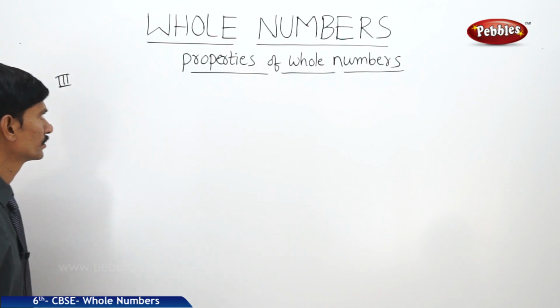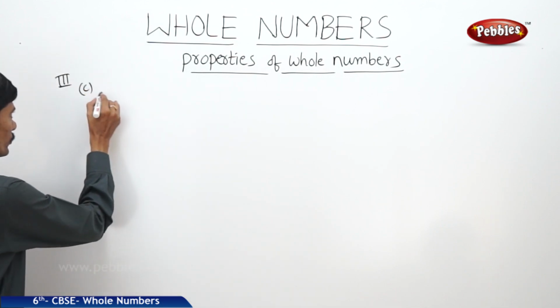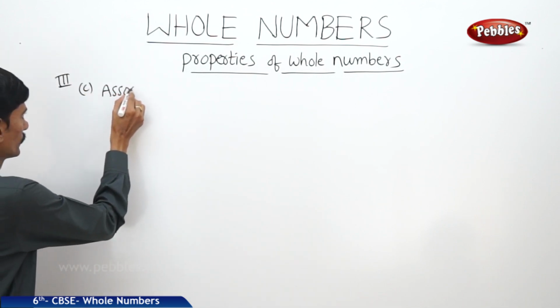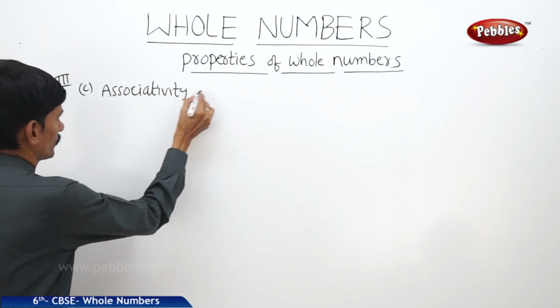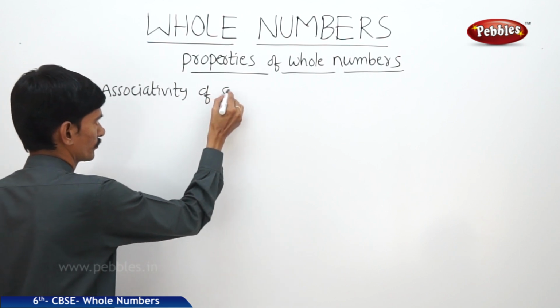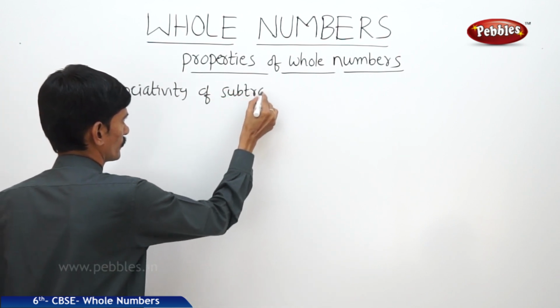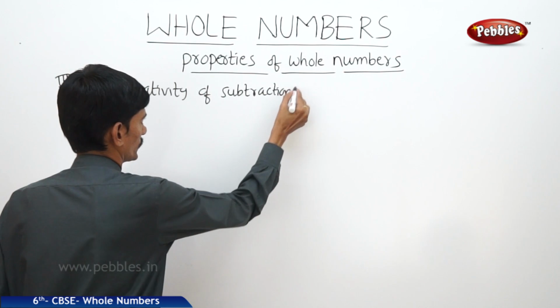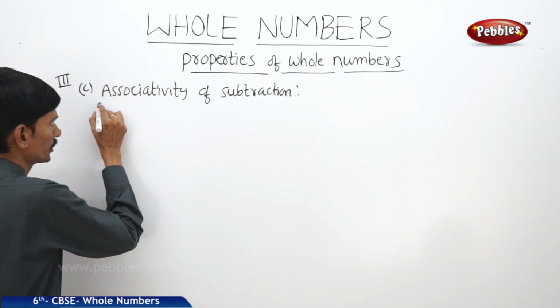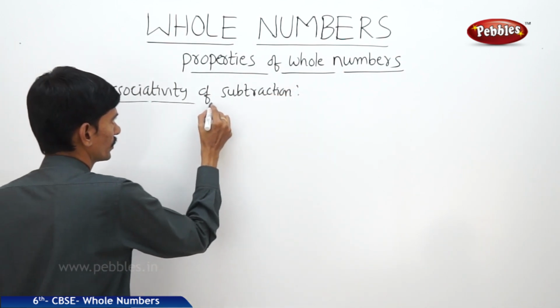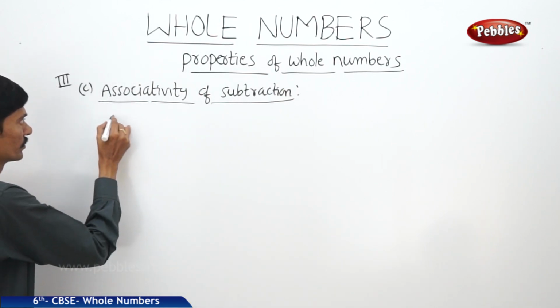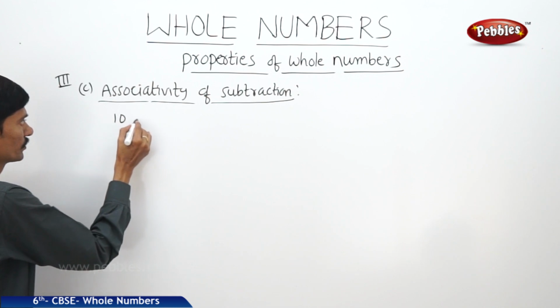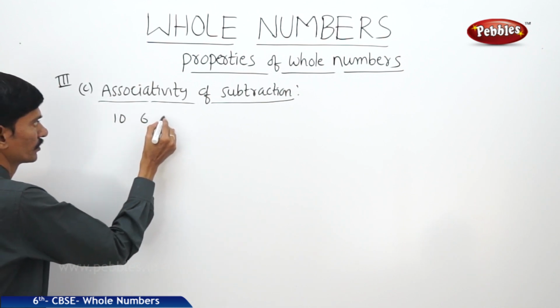Now, the third one is associativity of subtraction. Now let's check whether the associative property holds in the subtraction of whole numbers. Let us take any three whole numbers: 10, 6, 3.